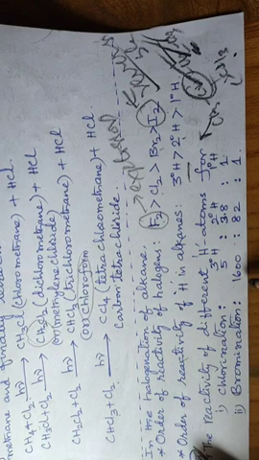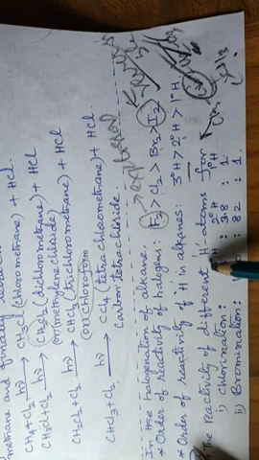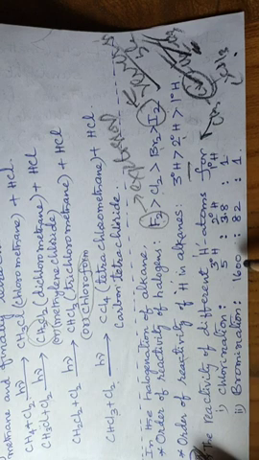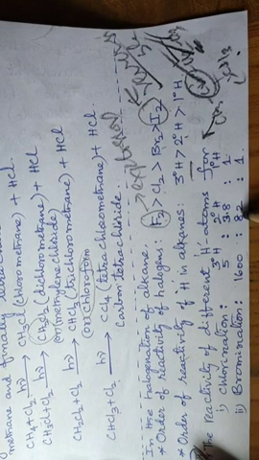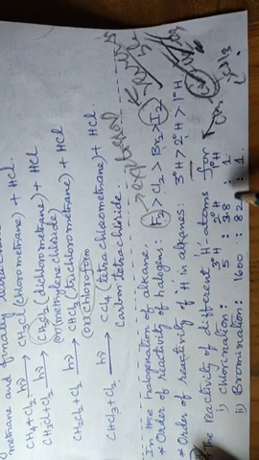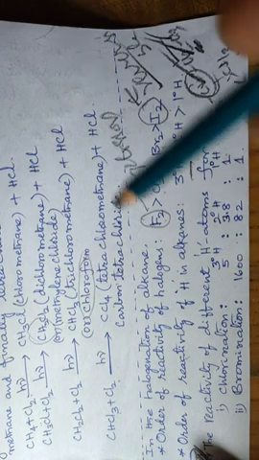Bromination is very reactive compared to chlorination. Tertiary hydrogen is 1600 times faster compared to primary hydrogen, and secondary hydrogen has 82 times greater reactivity over primary hydrogen. You have to take this.